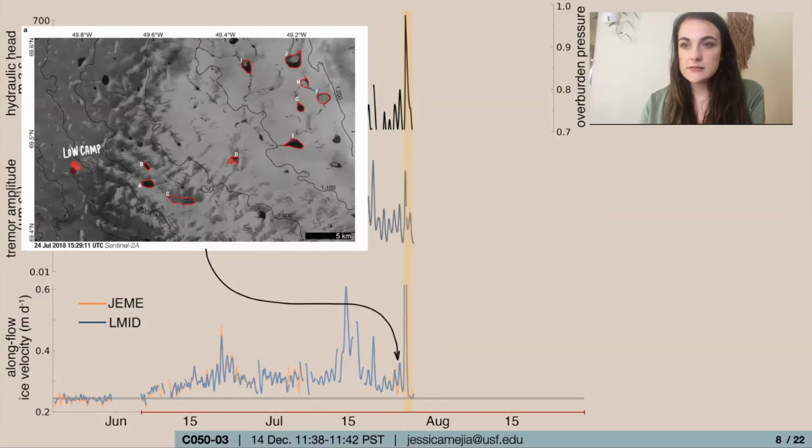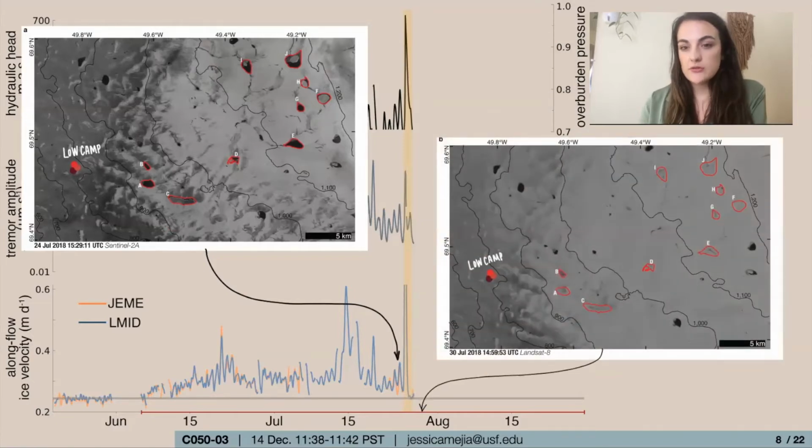Their maximum extents are outlined in red. Then the next available imagery was from July 30th, 6 days later, and all of those lakes had drained completely. Those same outlines are shown. So this confirms that our observations are rapid superglacial lake drainages of Glacier.